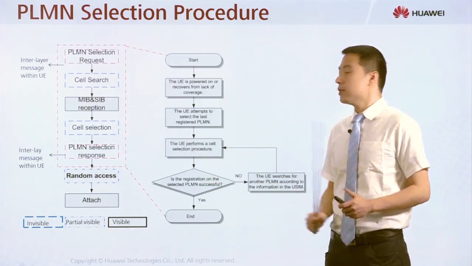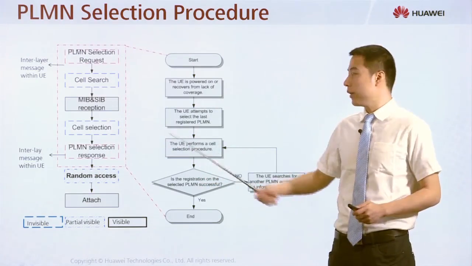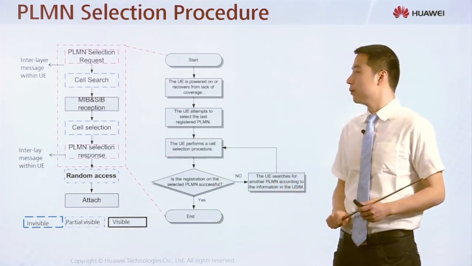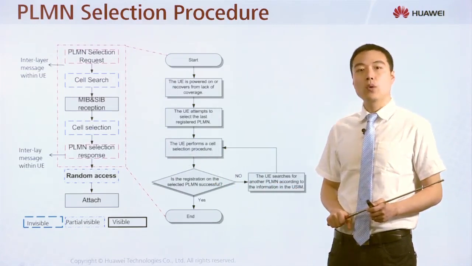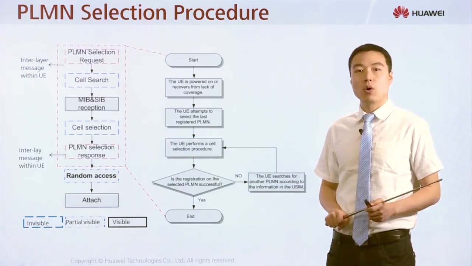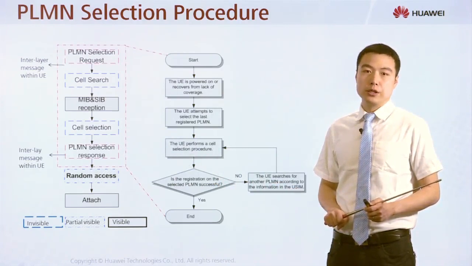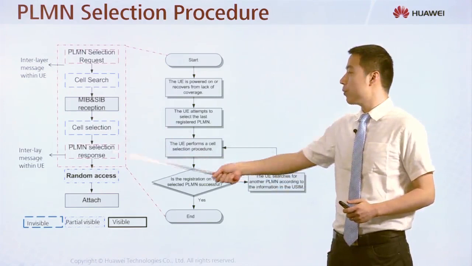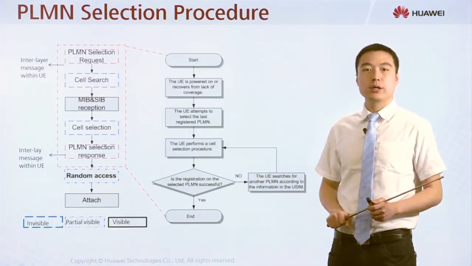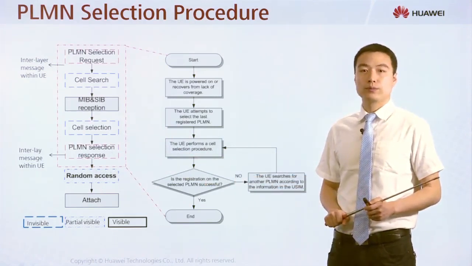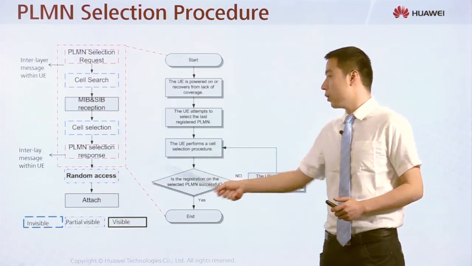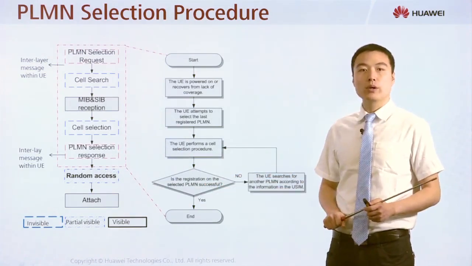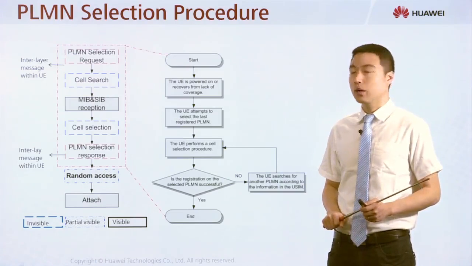If the PLMN selection succeeds, UE will stay in that cell, camp on the cell, and wait for the paging message, or for the user to initiate services. After that, UE will perform the random access procedure, connect with the network, and then start the services.